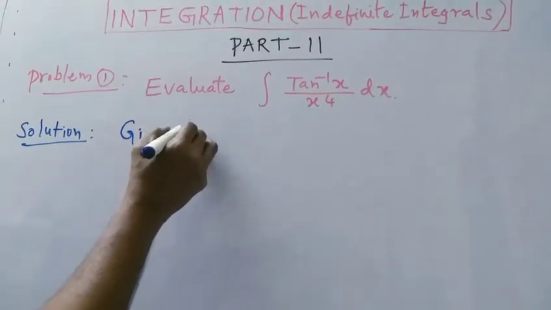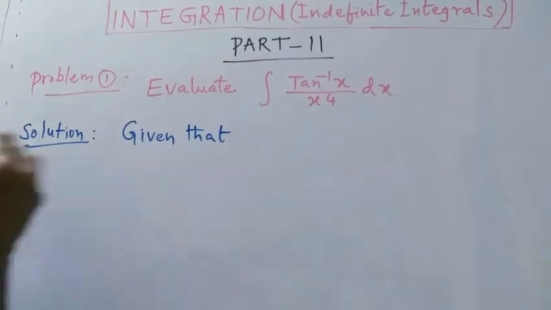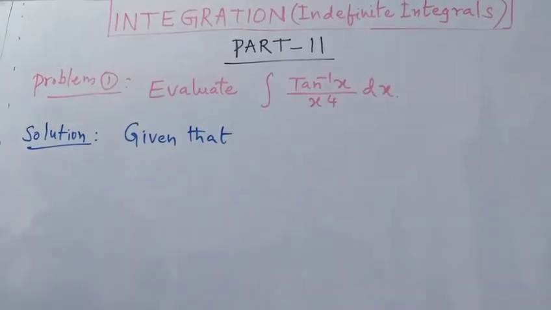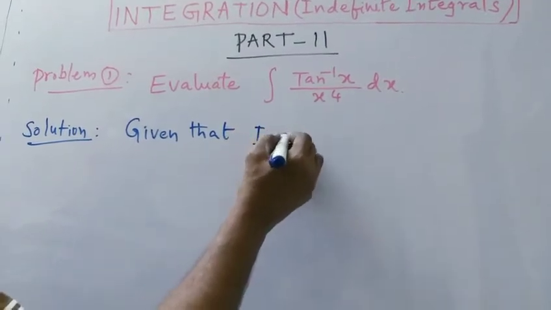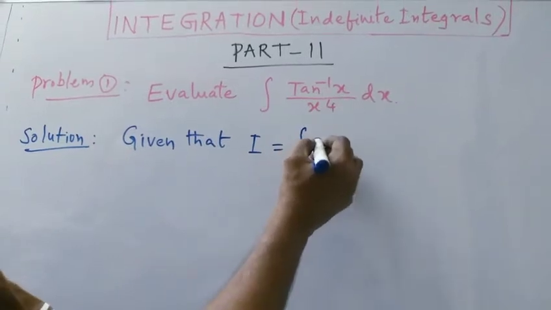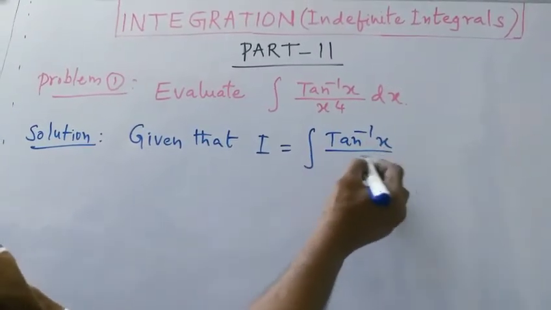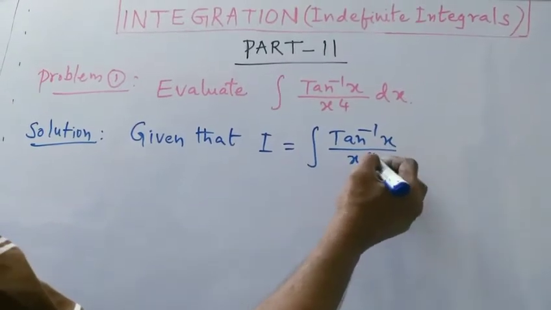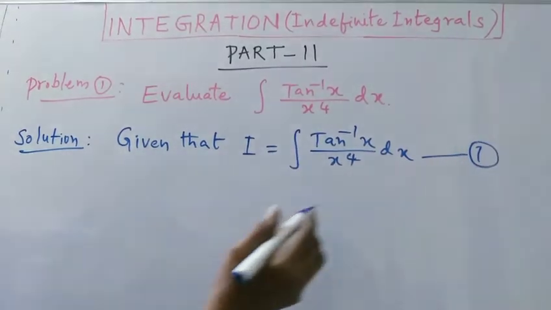Given that I is equal to the integral of tan inverse x by x to the power of 4 dx.